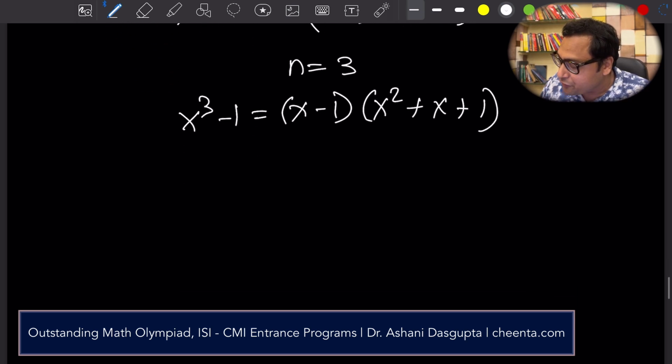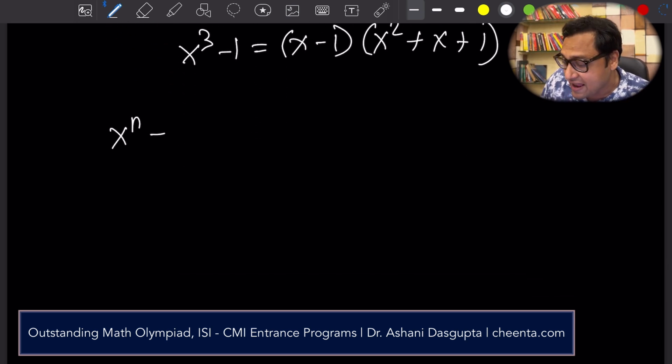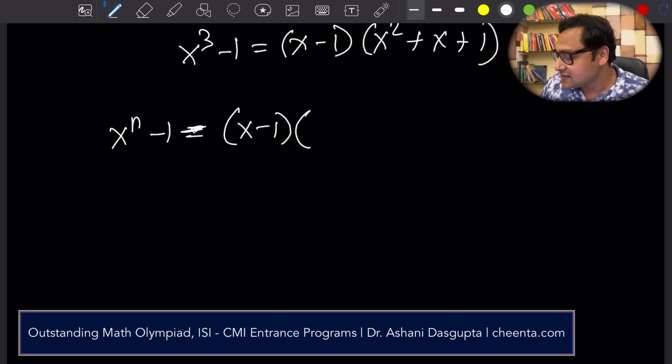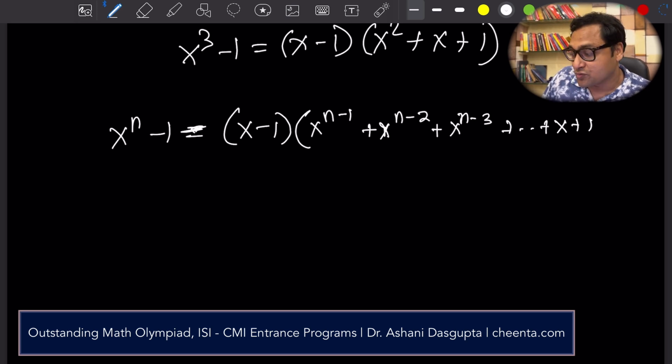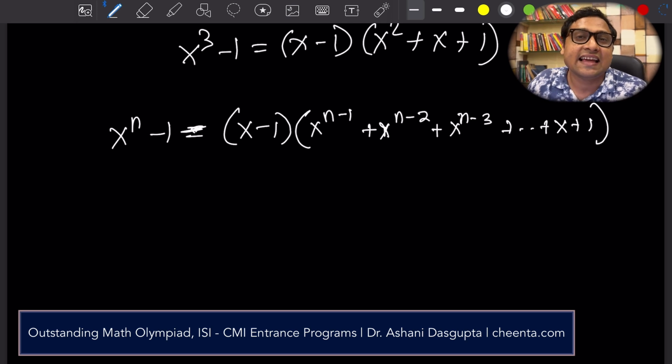The pattern will follow, and in fact x to the power n minus 1 will be x minus 1 times x to the power n minus 1 plus x to the power n minus 2 plus x to the power n minus 3 plus ... plus x plus 1. Believe you me, this is one of the most important factorizations that you will see in elementary algebra and elementary number theory.